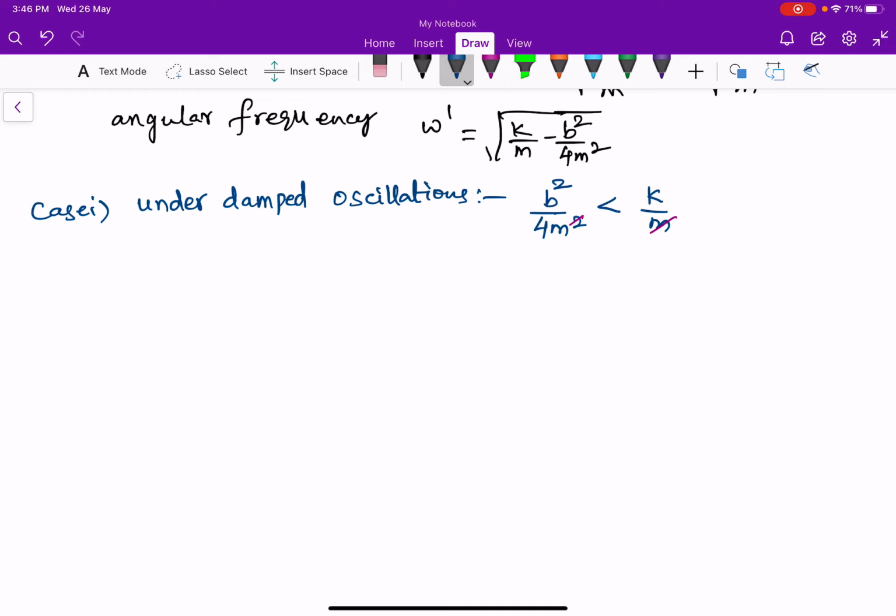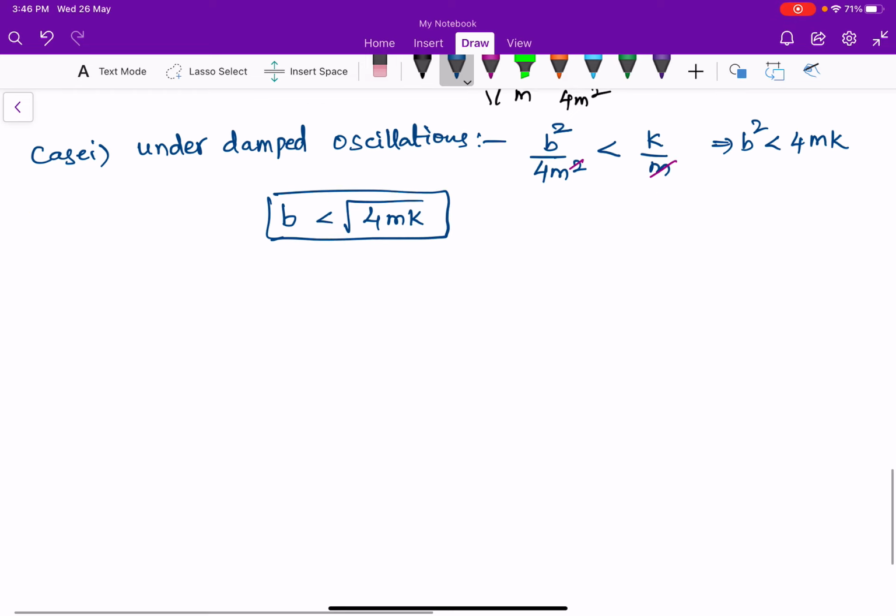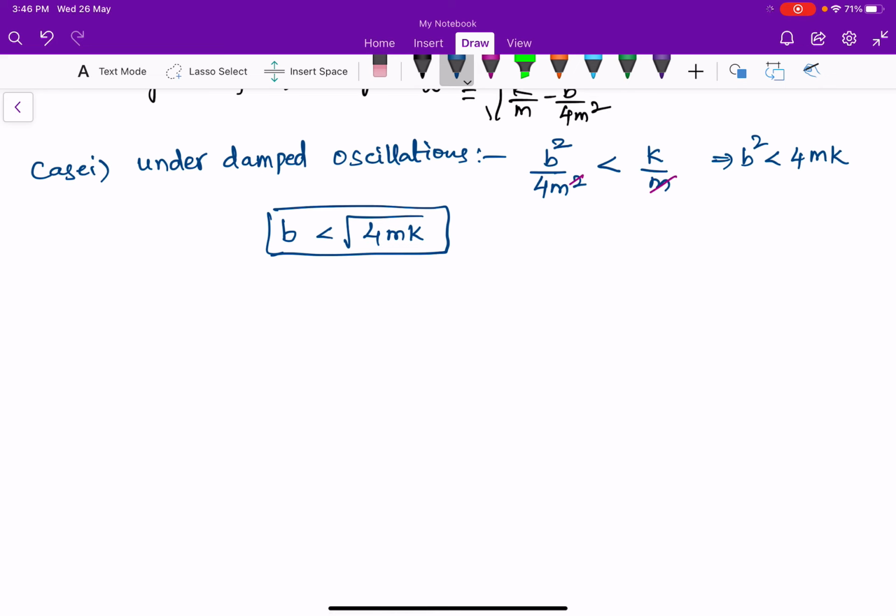We will get b square is less than 4mk. So b is less than under root of 4mk in the case of under damped oscillations. The best example for under damped oscillation is a simple pendulum suspended in air.